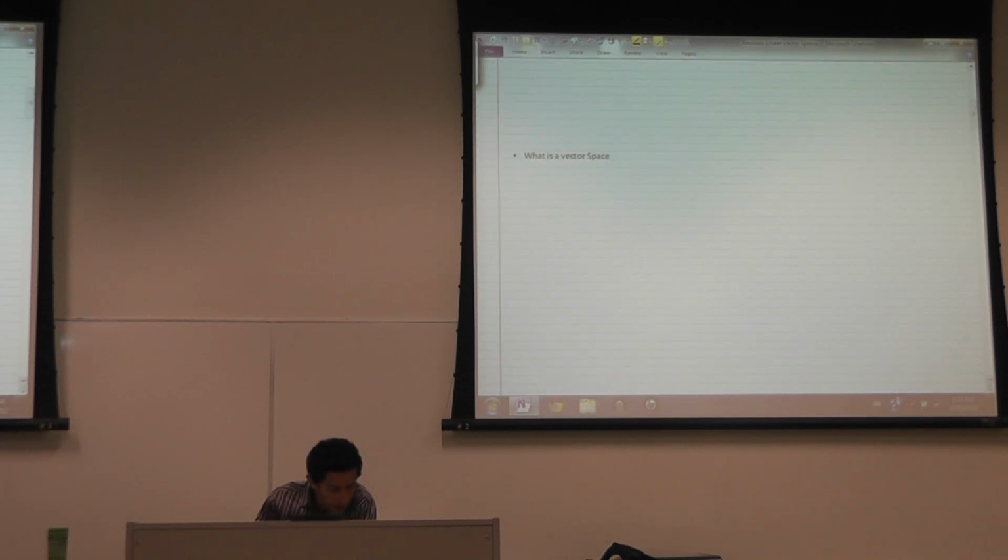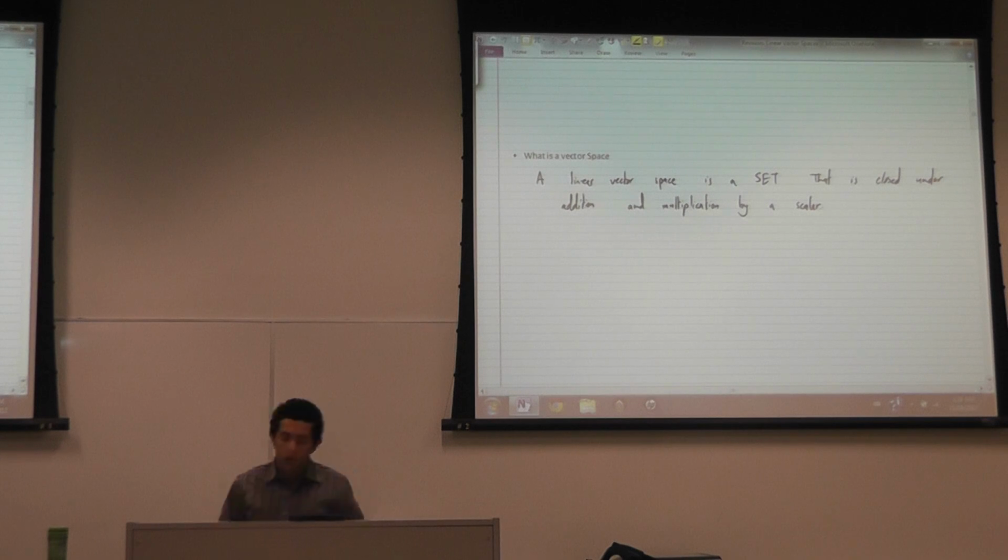So a vector space is a set that is closed under addition and multiplication by scalar. Any of the following are linear vector spaces.